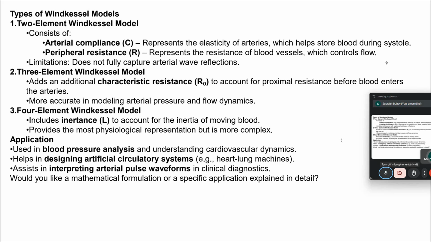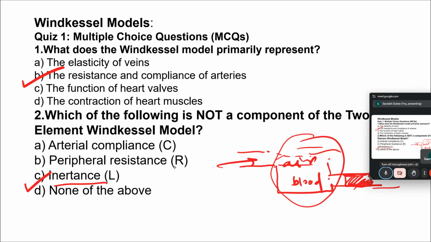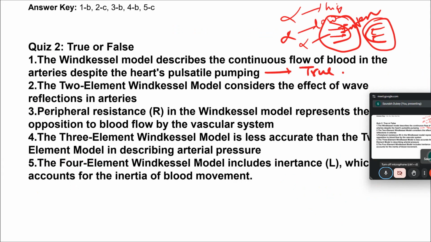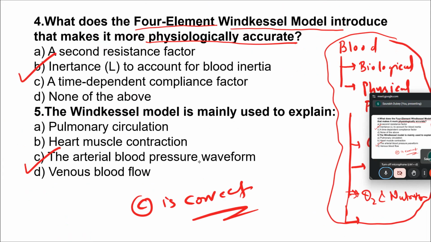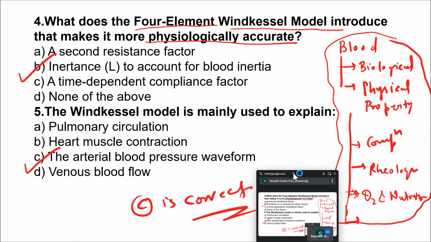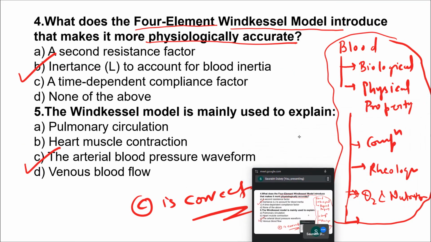What is physiological we have also discussed. So these were the questions on the Windkessel model we have solved. I will be putting it slowly so that you get a chance to revisit it. Okay.